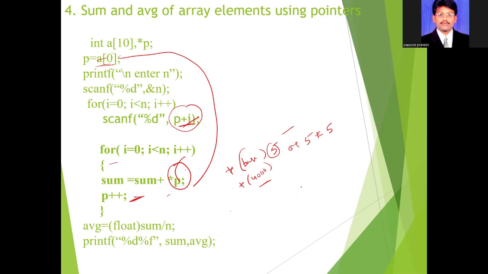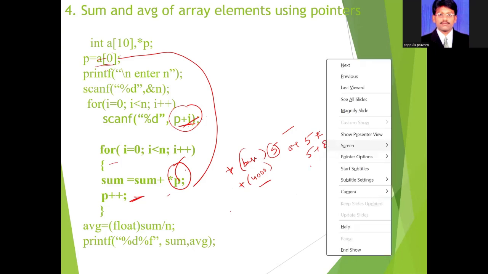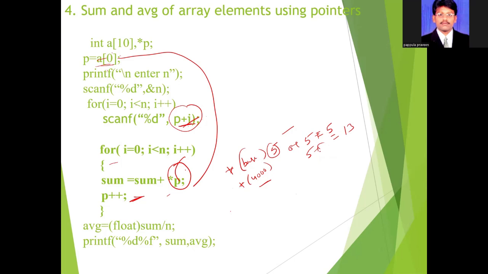Now, star 4004. Sum equal to now 5 plus star 4004. Suppose 8, we entered 8 already. Now 13. So again p plus plus, now p equal to p plus 1. Find the sum. After this statement, next we go to the average.